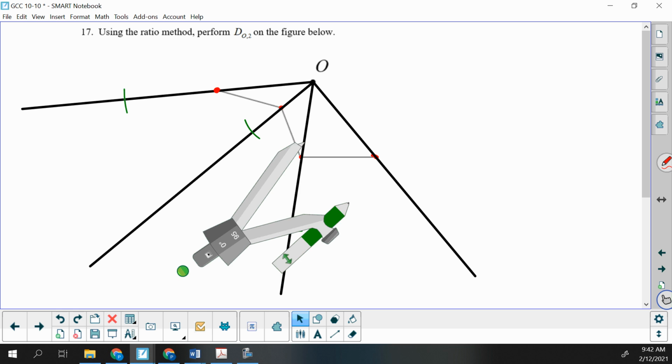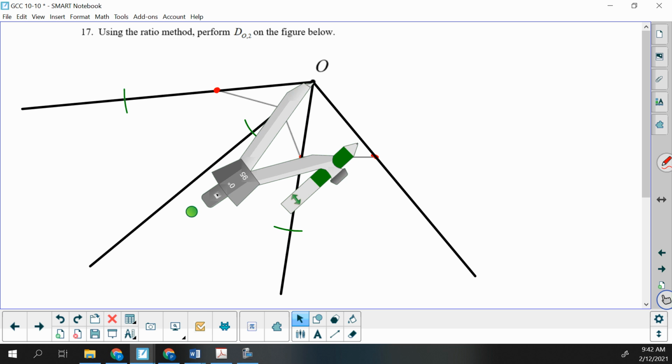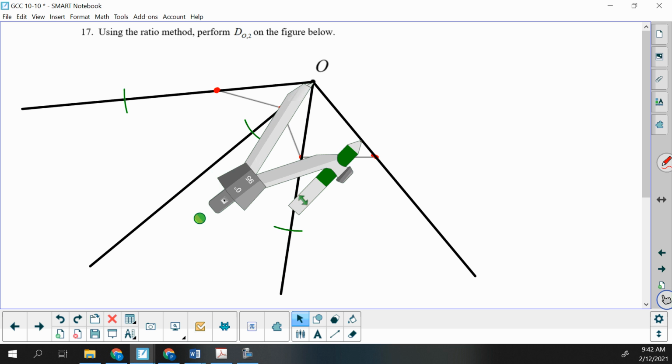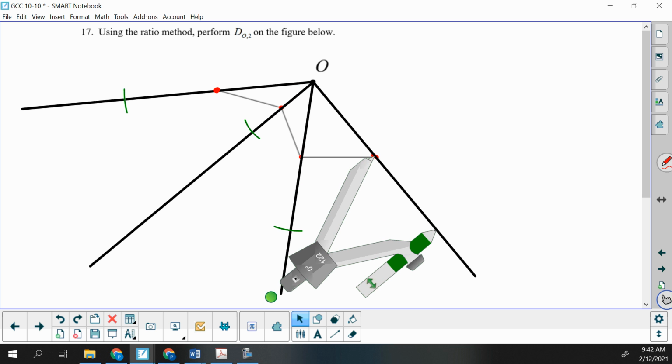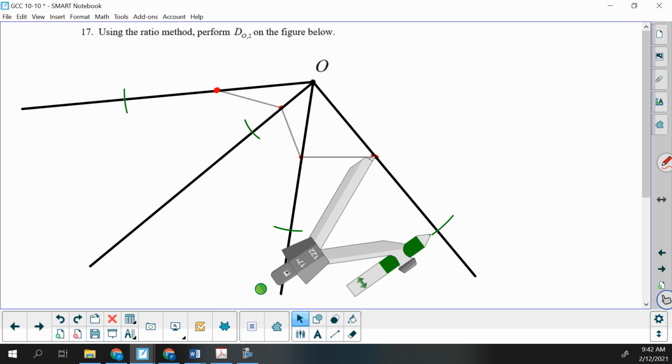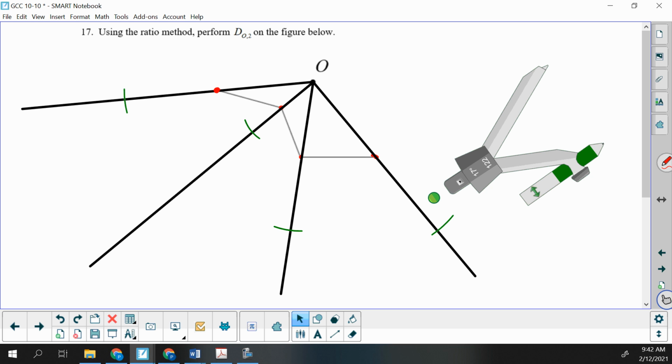And then do the last one, same idea. And then with your straight edge, connect them in the same manner that the original was connected.